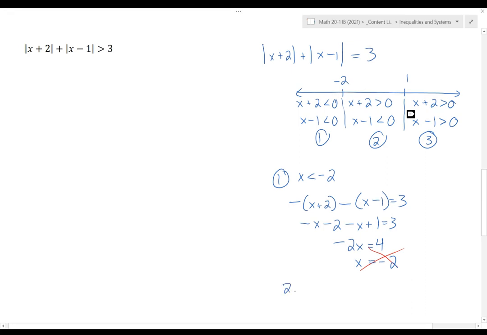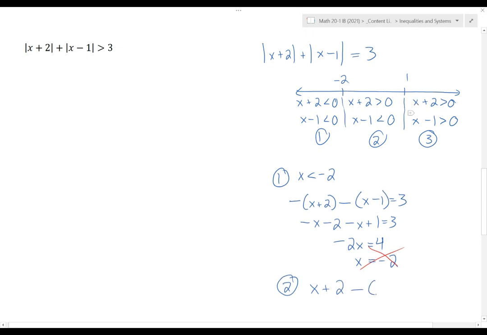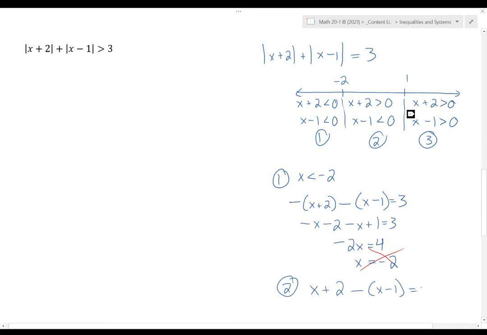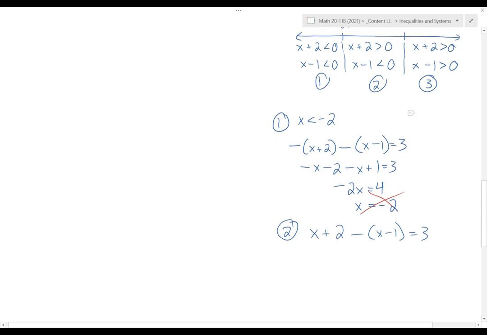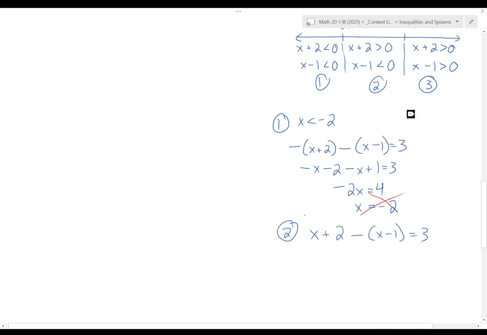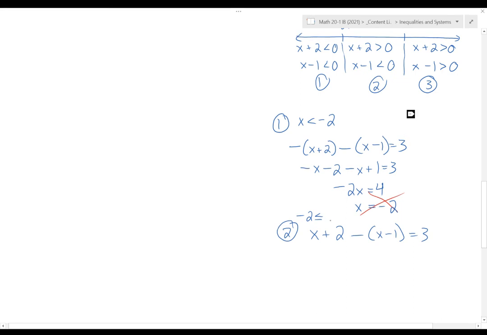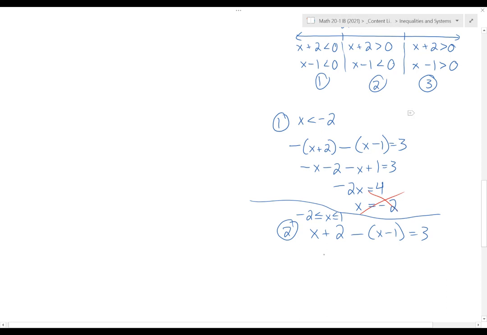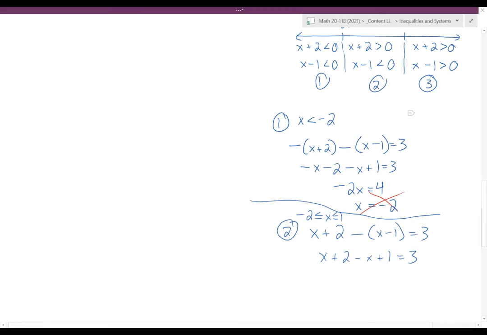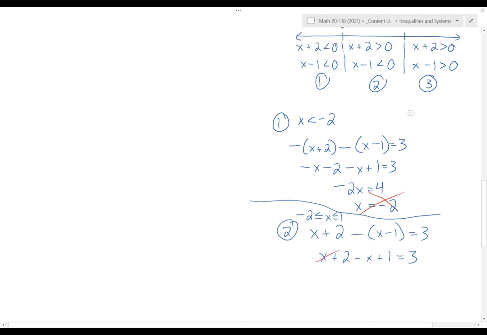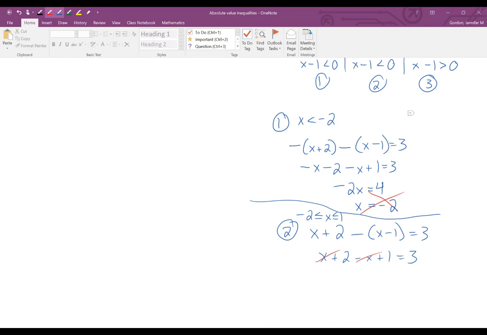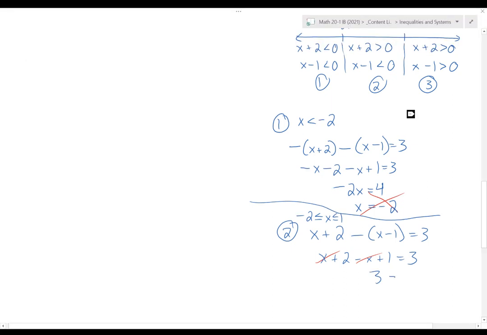Case 2, this is where x plus 2 is positive, but I still have to do the opposite of x minus 1. This is the interval where x is between, so now I'm going to include the negative 2. Negative 2 is less than or equal to x, which is less than or equal to 1. So let's call that the domain for this one. So this is x plus 2 minus x plus 1 equals 3. This is a case where everything cancels, but instead of ending up with a false statement, I end up with a true statement. 3 equals 3.